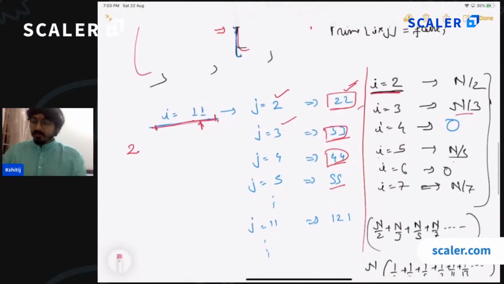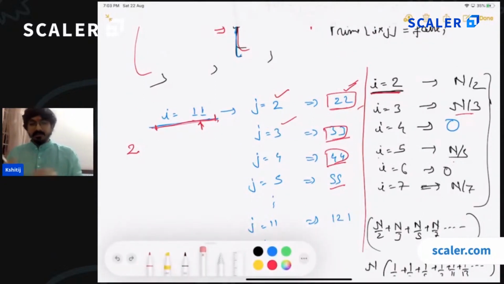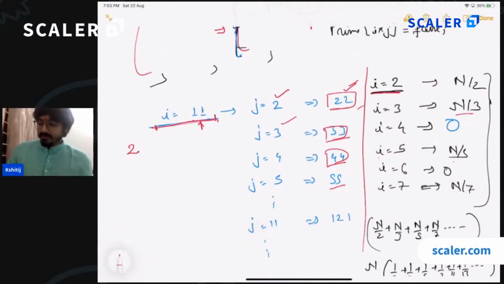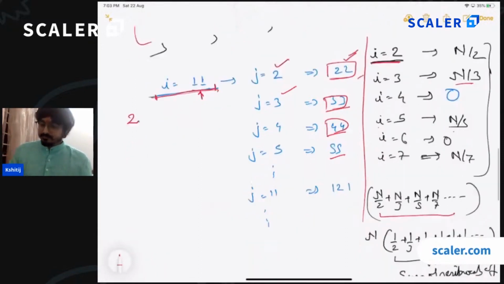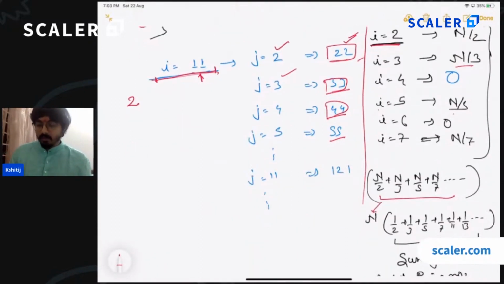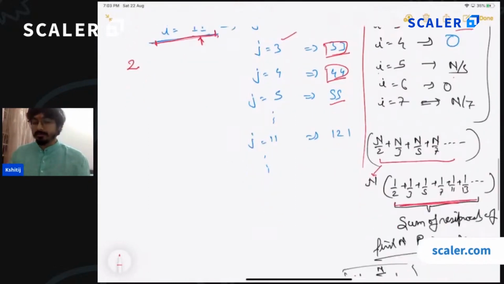So if you add all of them, because then you have to calculate the time complexity, you will be adding how many times the inner loop is running in total, and that will be the overall time complexity. So if you add all of them, you get this series. Here, if you take n common, then you get something which is nothing but the sum of reciprocal of all the prime numbers.